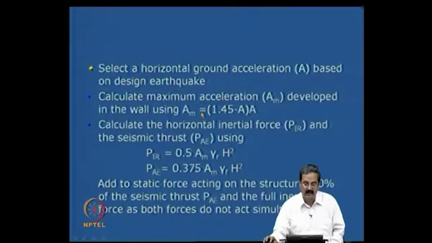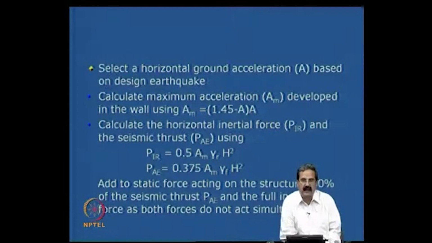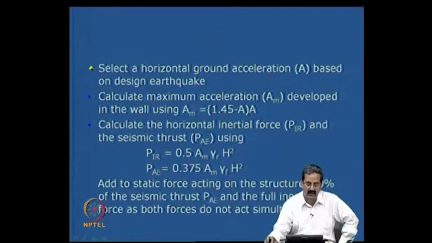Suppose the reinforced soil wall is located in an area where we know the horizontal ground acceleration based on the design earthquake. We calculate the maximum horizontal acceleration, AM, as (1.45 minus A) times A. You know about amplification factors in earthquakes; a lot of research has been done on this, but this is the way it is given in the Federal Highway Code.